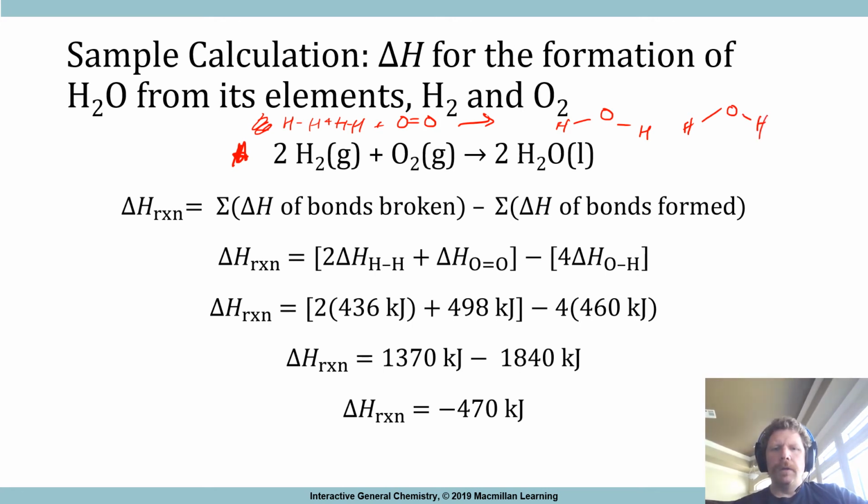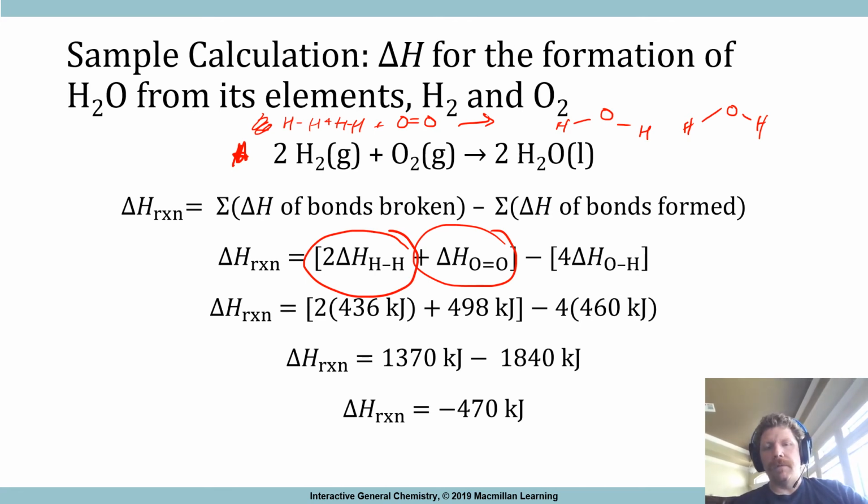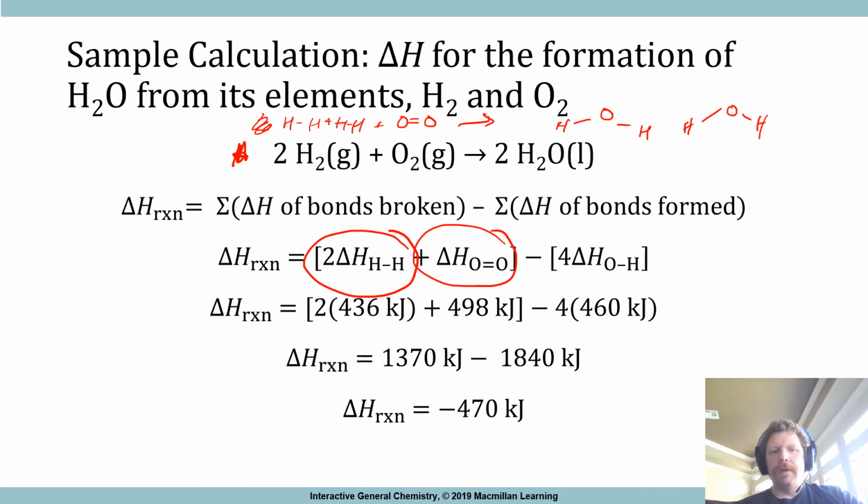We're breaking 2 hydrogen bonds, and we're breaking 1 oxygen double bond. And so we get the sum of the bond enthalpies of HH, 2 of them, plus the enthalpy change of an oxygen-oxygen double bond, and we subtract from that 4 times the enthalpy change of OH.